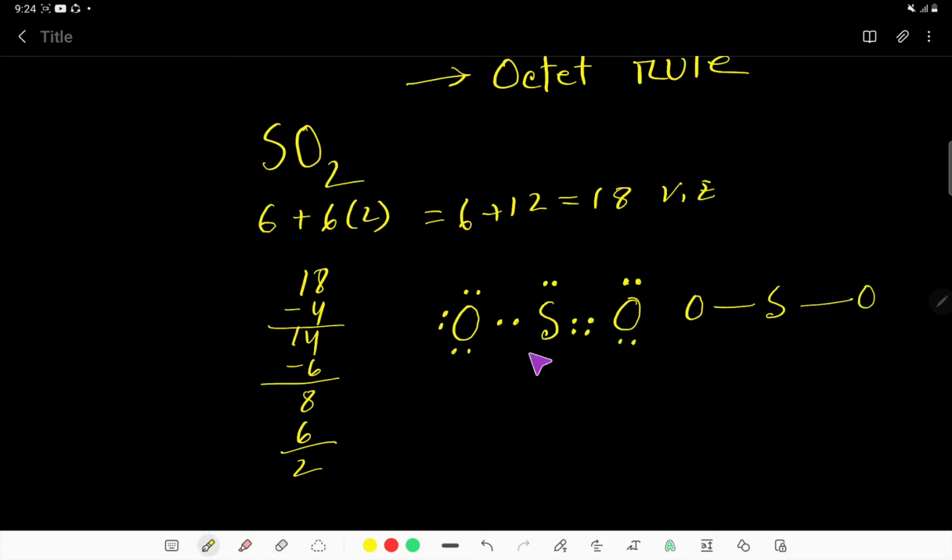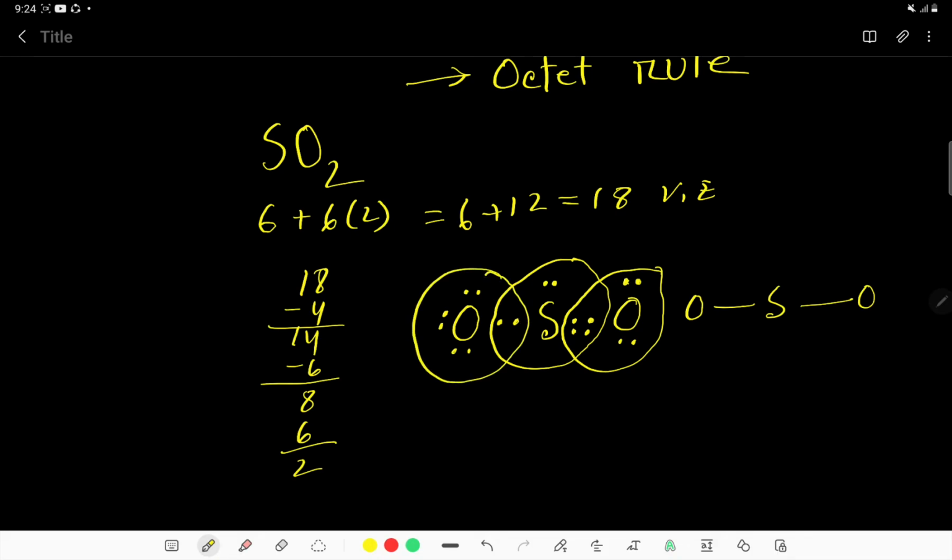Then this sulfur has 2, 4, 6, 8. This sulfur has 8 valence electrons. This oxygen also has 8 valence electrons, and this oxygen also has 8 valence electrons. So every atom satisfies the octet, right?